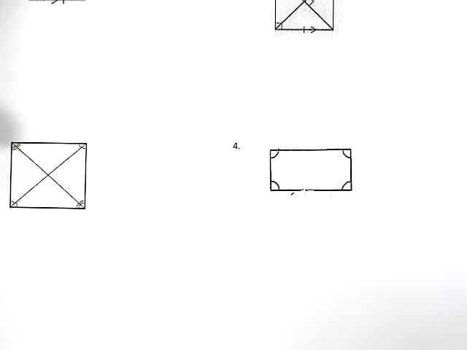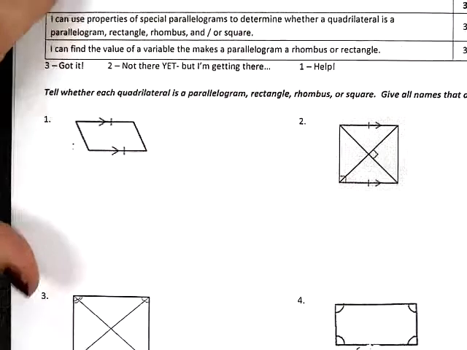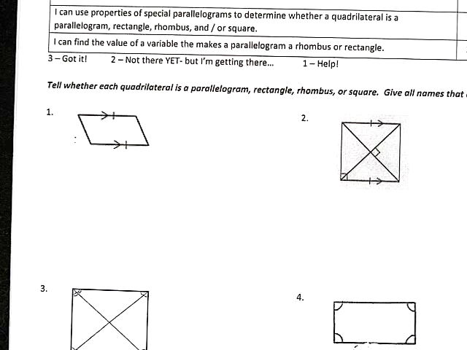Okay. So what we are going to do with these problems, these ones are going to be a little tricky, okay? We have to figure out what are the properties that are shown and which special parallelogram is it giving us, right? So taking a look at number one, we first want to figure out what's going on here. Okay, well, I see those arrows, right?